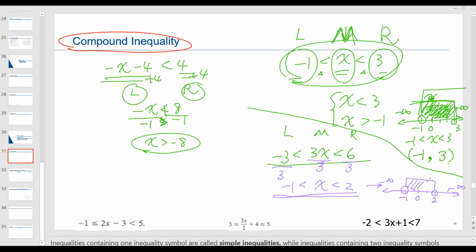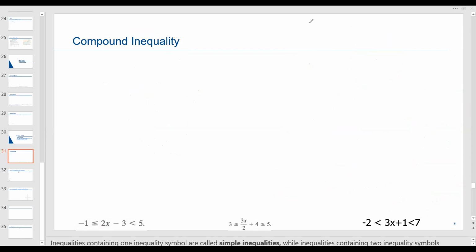We just need to do the left, middle, and right three parts together, and the process is exactly the same as what we were doing before.